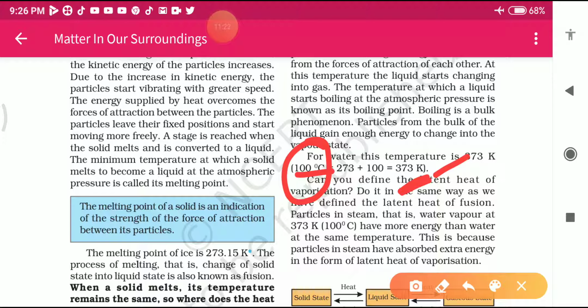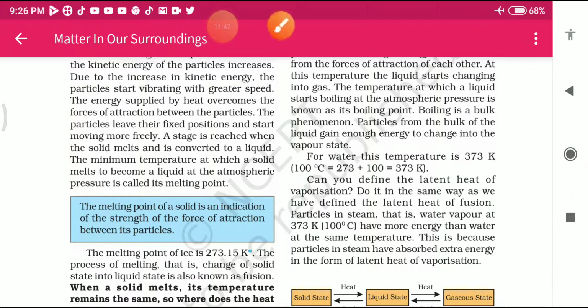What you will do here is add 273 plus 100, which is equal to 373 Kelvin. This is how to convert Celsius into Kelvin. You will just add 273. It is very easy to convert Celsius to Kelvin.